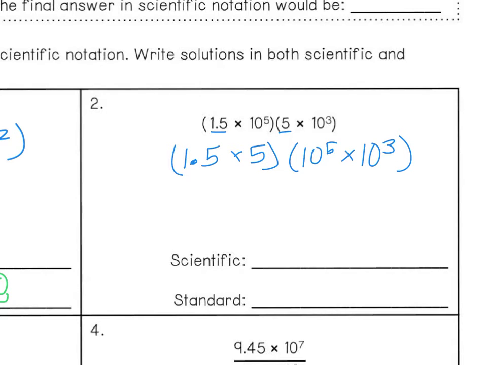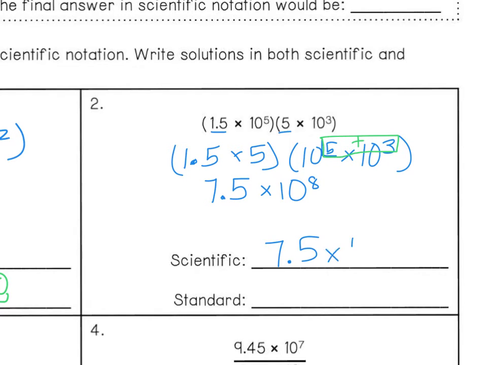And when I multiply 1.5 times 5, I get 7.5 times 10, and I'm going to use my product of powers rule and add my exponents. So 5 plus 3 is 8. So 7.5 times 10 to the 8th power.